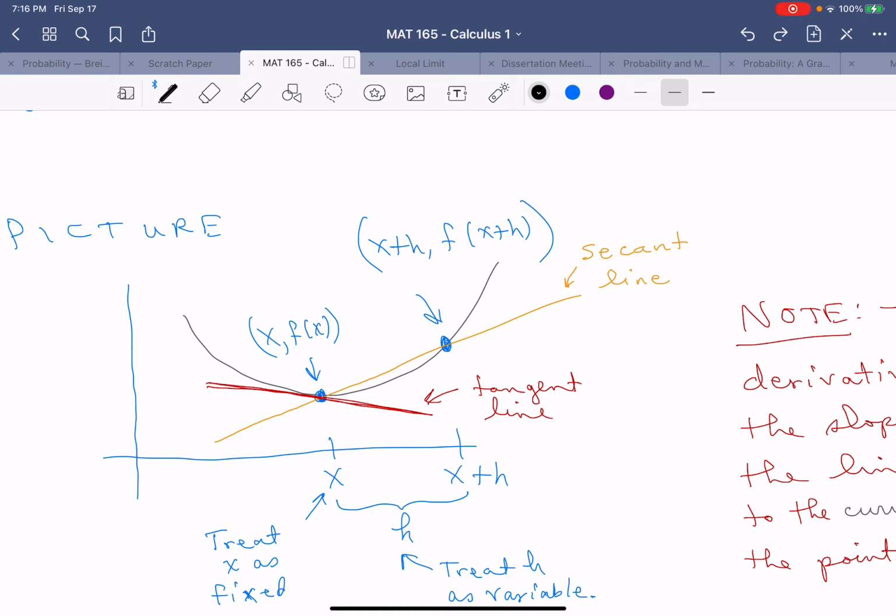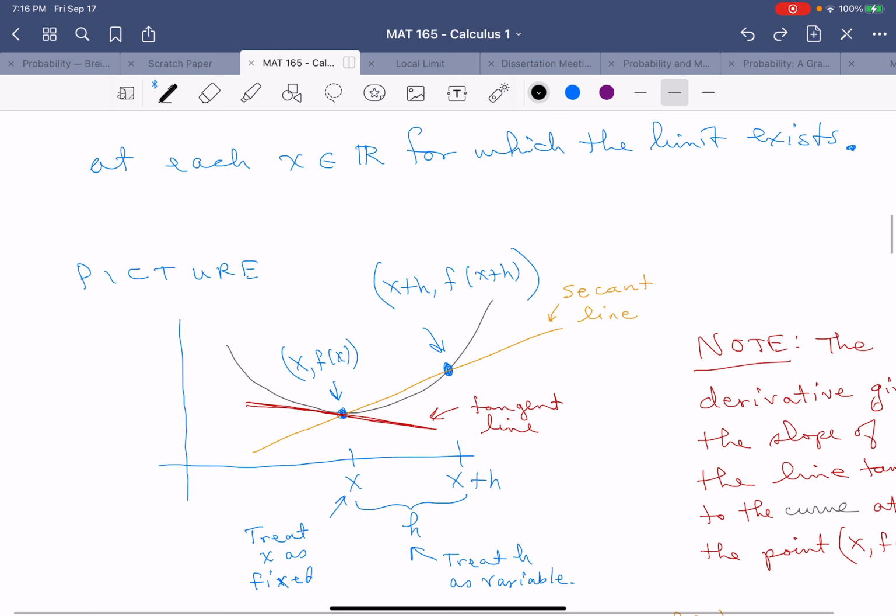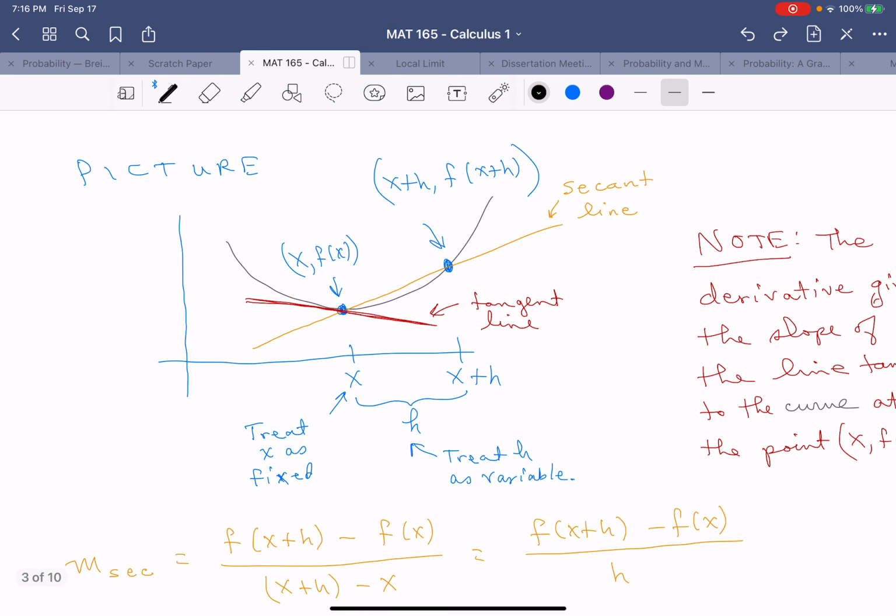For small values of h, the slope of the secant line is really close to the slope of the tangent line. But in order to get the actual slope of the tangent line, we have to look at the limit as that increment, that h value, goes to 0.